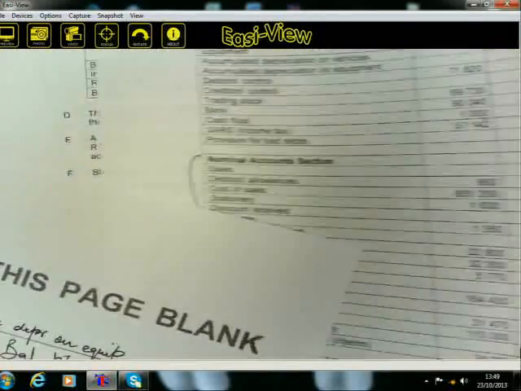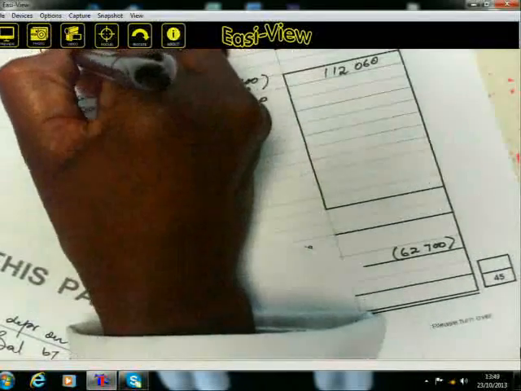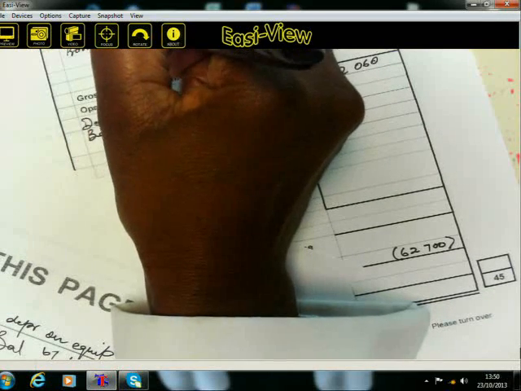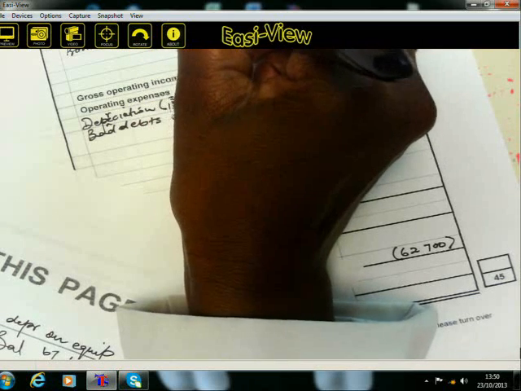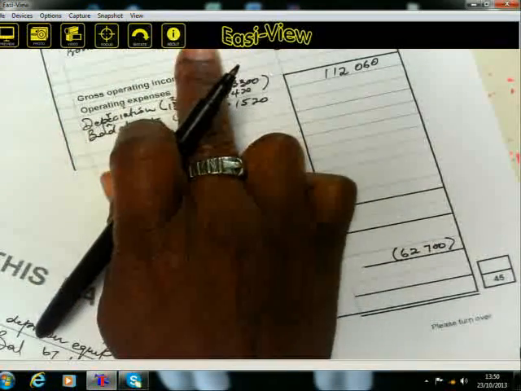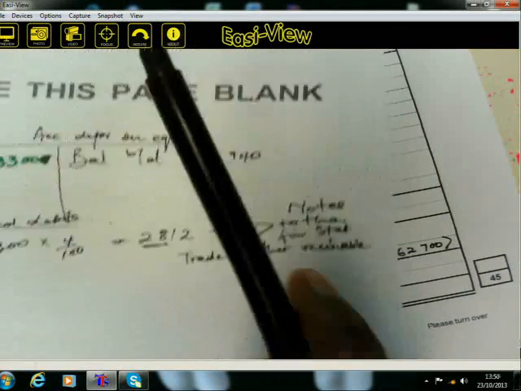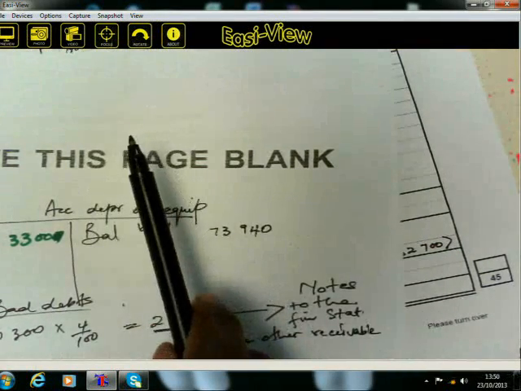Then we check the difference. It is 3,800 minus 2,812, and the difference is 988. So for 988, we say we are going to have provision for bad debts adjustment as an income. Please indicate it's adjustment, because if you have it as provision for bad debts, remember I said provision for bad debts is a note. It means you regard it as a balance sheet item, and it is a foreign item. It's not supposed to be in the income statement.